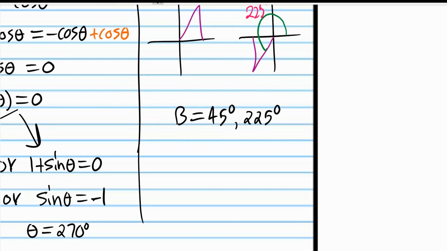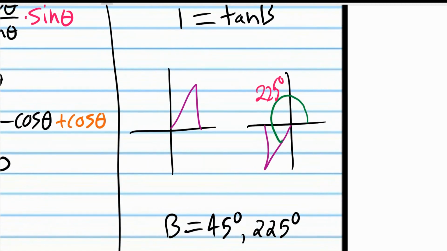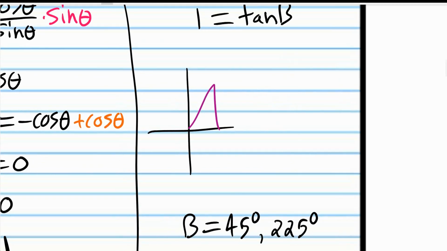The answer that you're going to see is 45 plus 180n. Why is that? Well, that's because if you write these two solutions on the same coordinate system, you see that in order to get from one solution to the next solution, you just add 180 degrees.